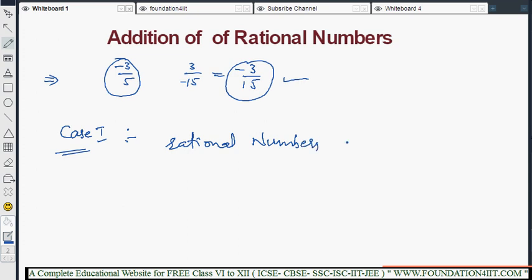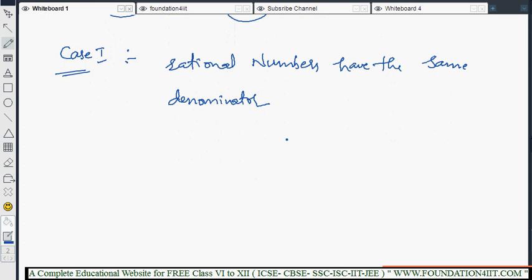Then the sum of the two rational numbers, which are of the form m by q and n by q, because the denominators are the same.